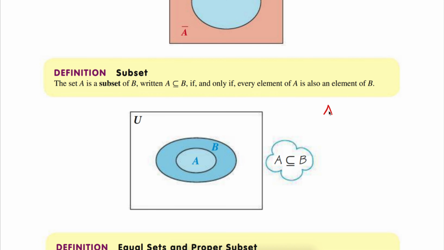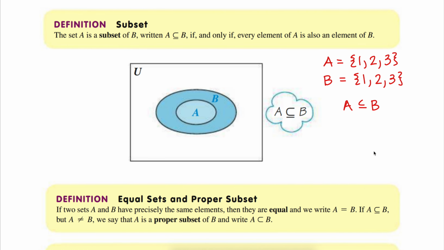If A contained the numbers 1, 2, 3, and so did B, A would still be considered a subset of B. It's that idea of less than or equal to. That's a subset. Now, in this case, A and B are equal to each other, so we could write A equals B.